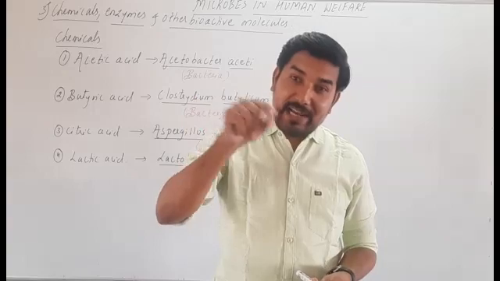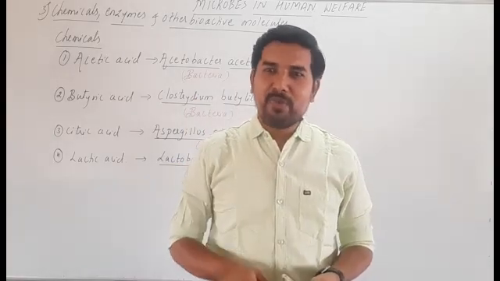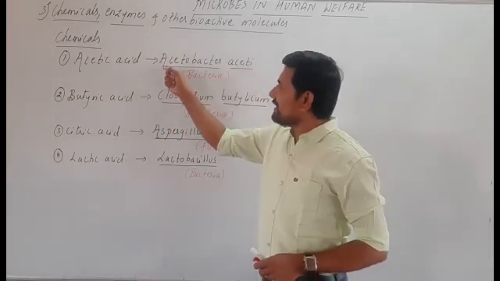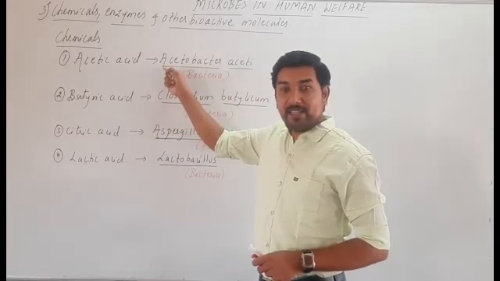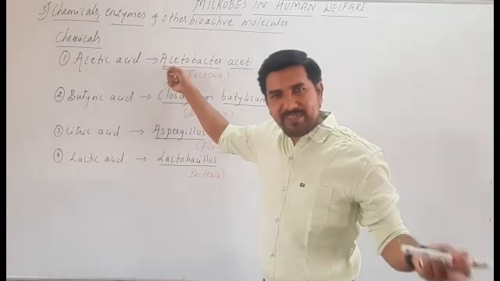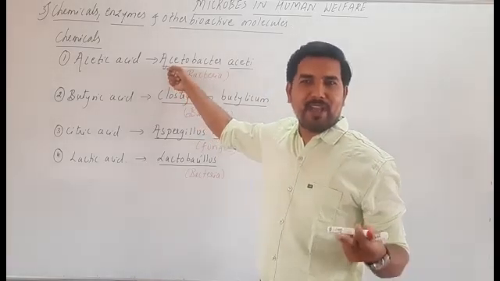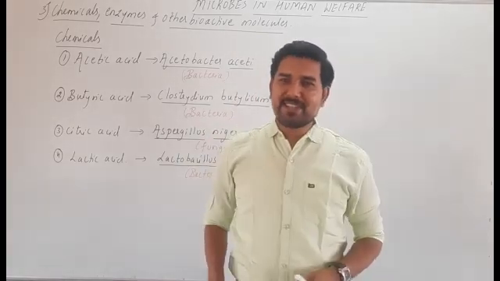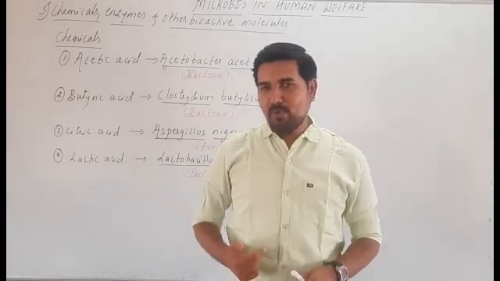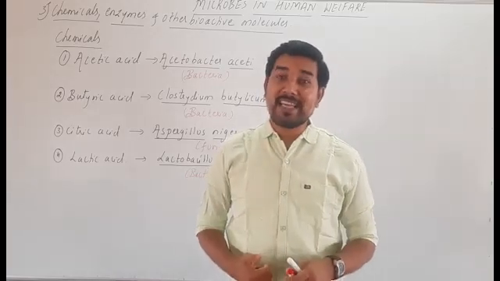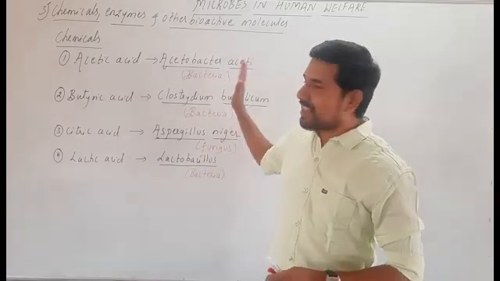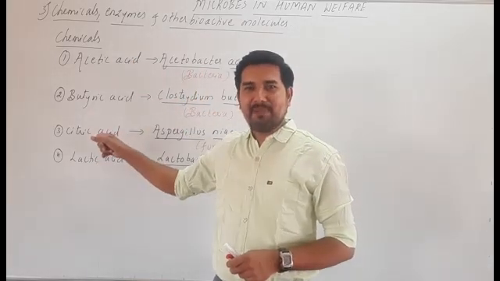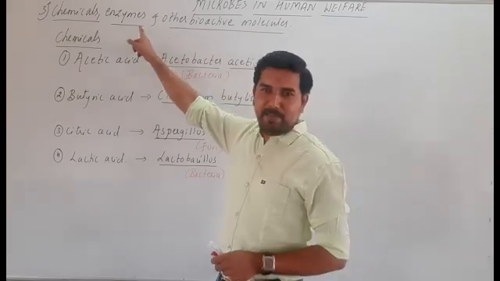That means vinegar could not have been produced if we didn't have Acetobacter aceti. So lots of foodstuffs are also produced from microbes, as we have studied in the previous classes. That's why microbes are very essential for human welfare. Because we are using their products, and hence we call them chemicals. Okay, let's go to the next part, enzymes.